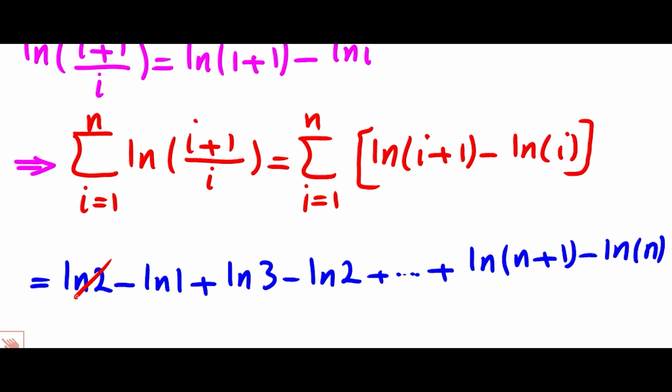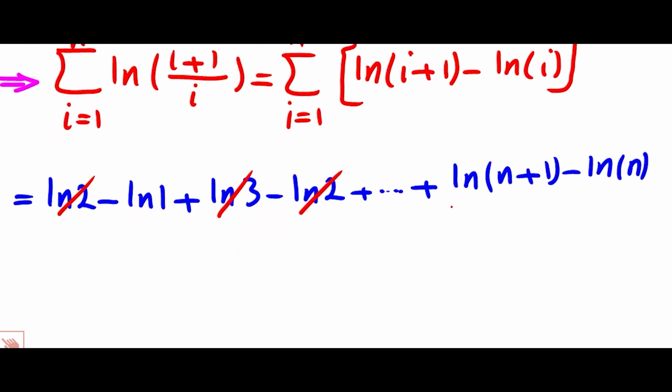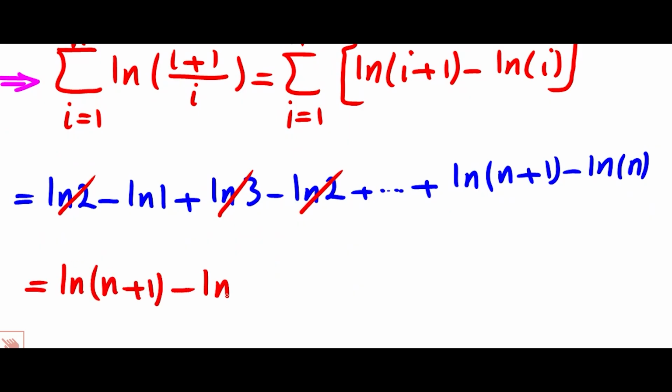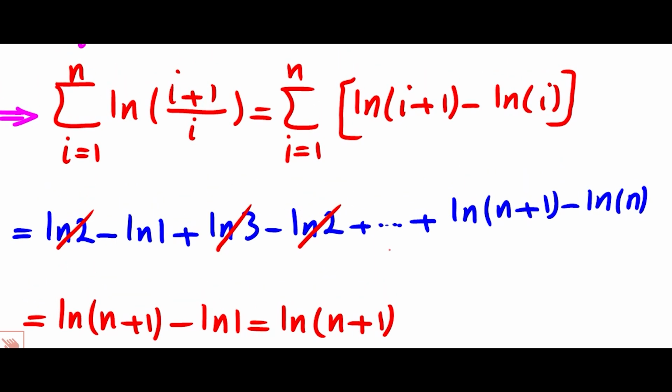So ln of 2 minus ln of 2, ln of 3 and negative ln of 3, and finally we have ln of (n+1) minus ln of 1, and as you know ln of 1 equals 0, so the answer is ln of (n+1). So the sum of ln of (i+1) over i equals ln of (n+1).